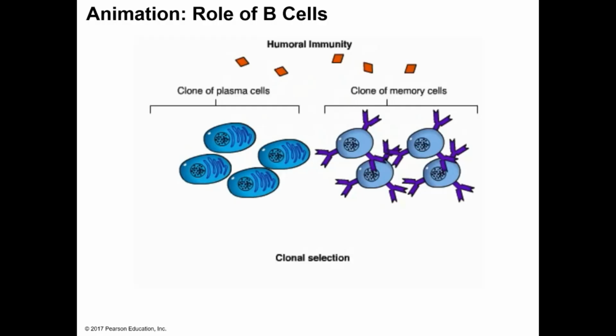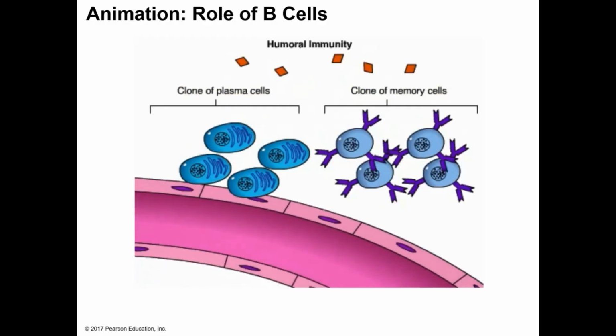B cell proliferation produces clones of plasma cells and memory cells. Memory cells are long-lived cells that can respond rapidly to future exposures to the same antigen. They account for the speed and strength of the secondary immune response that gives us long-term immunity to a disease. Plasma cells multiply rapidly.